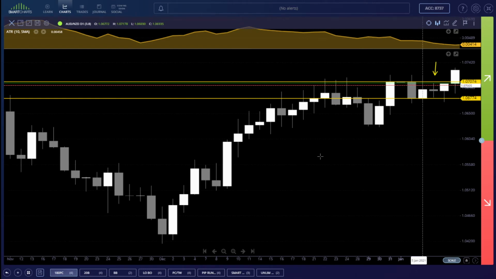If it reacts off this level, it would have to mean that from this opening price the 4-hour candles would be pulling back. What I'd want to see is it get pretty close to the support level, because I'm getting close to my support based on my daily. Daily is a very strong level of support.